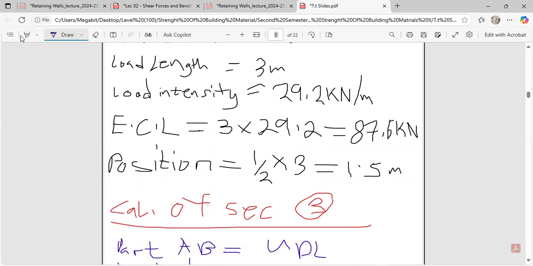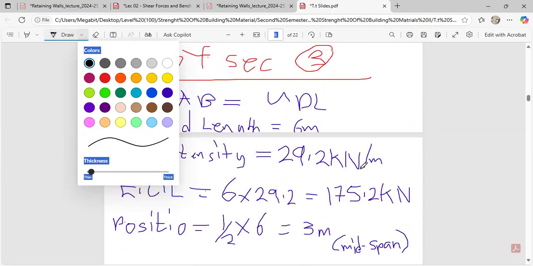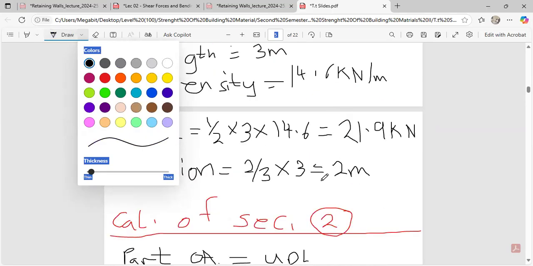I hope you can all draw the ECL diagram on your own. Should I leave it as an assignment for you guys to do and come and show me?